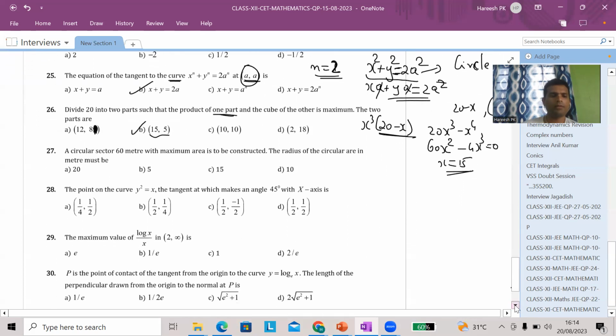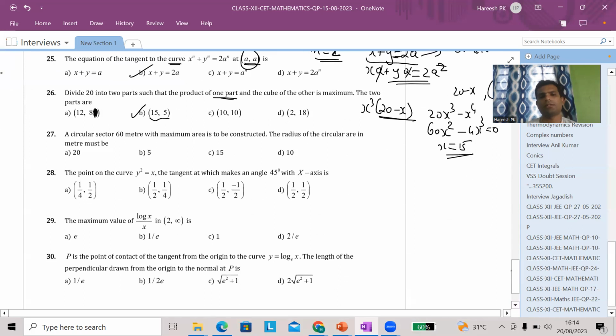So now 27, 28, 29, 30, 4 questions. A circular sector of perimeter 60 meters with maximum area is to be constructed. So for a sector, the area of the sector is given, that means half r square theta, should be maximum.